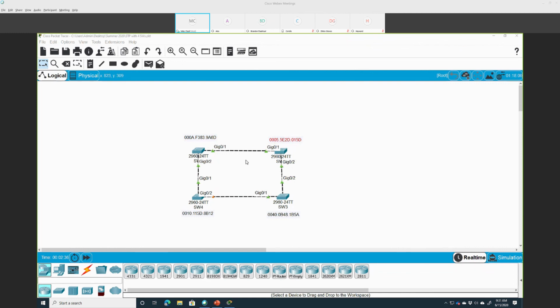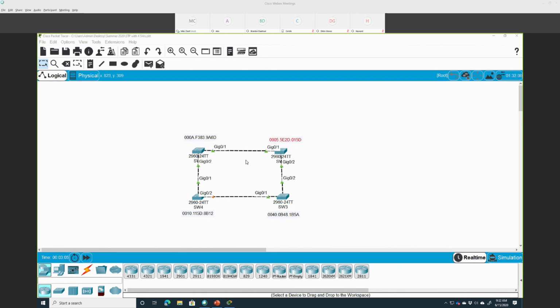Since these switches by default have the same priority value, 32768, who's going to break the tie? What breaks the tie is the MAC address, the lowest MAC address.